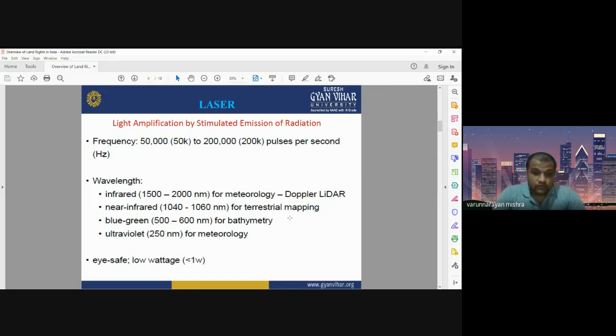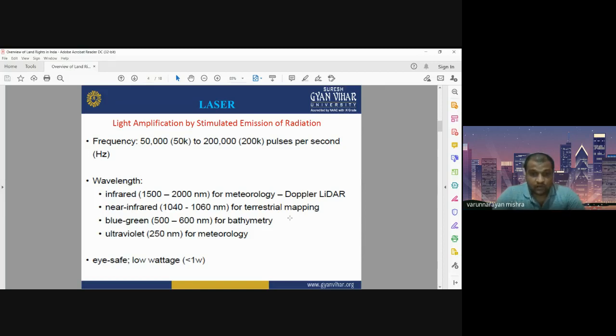If you want to go for terrestrial mapping, we need the near infrared portion of the electromagnetic radiation. That wavelength is around 1040 to 1060 nanometer. Then if you want to go for bathymetric application, bathymetry is the branch of science that is used to study the oceans, the depth of the oceans, the properties of the water in the ocean.